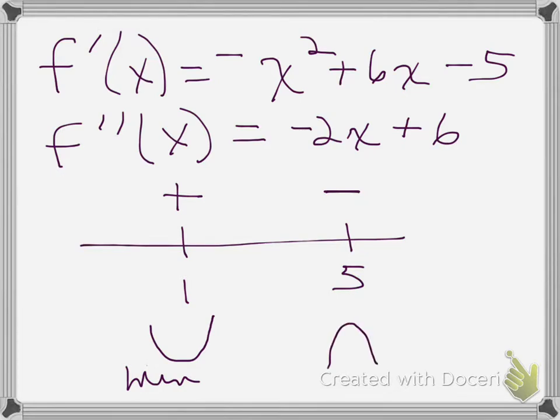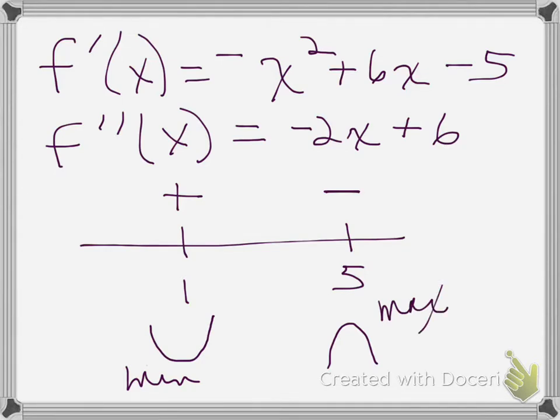So I would say the second derivative test indicates that my function is concave down where x is 5 and concave up where x is 1. Therefore I have a min at x equals 1 and a max at x equals 5.